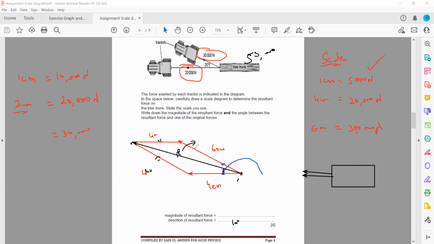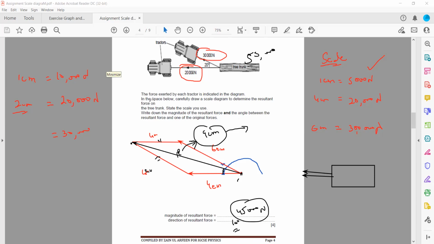For the magnitude, for example, if I measure 9 centimeter, I convert it into Newton, so it will be 45,000 Newton. There will be a range of answers for the angle as well as for the resultant. Is it clear till this point?